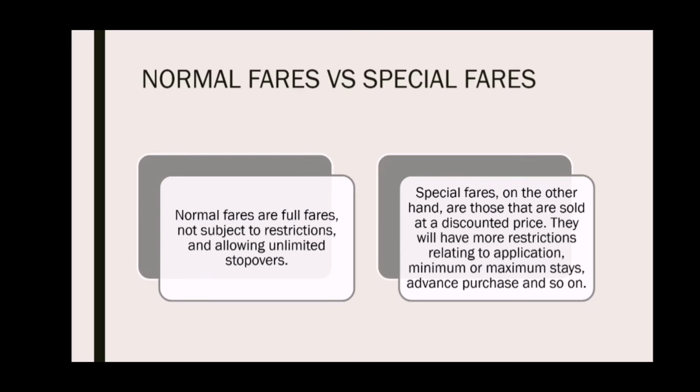So the main thing that we are trying to teach you in point-to-point fares is to be able to differentiate between normal fares and special fares, and know when you are allowed to apply special fares for your clients.